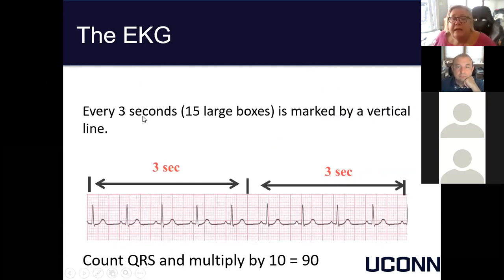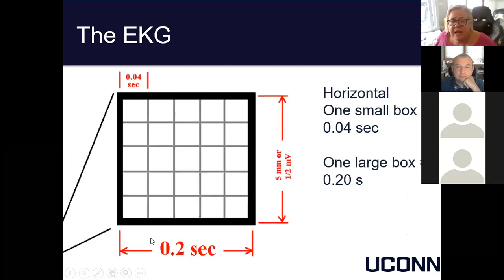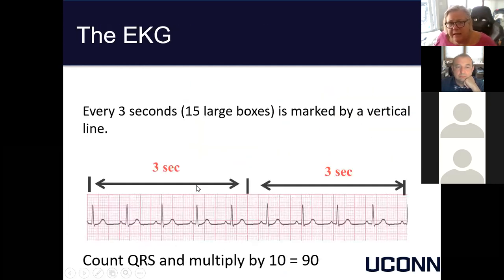And so every 15 large boxes represents 3 seconds. Think back: 15 times 0.2 seconds, you do that math, you end up with 3 seconds. And there is usually a horizontal line that measures that.